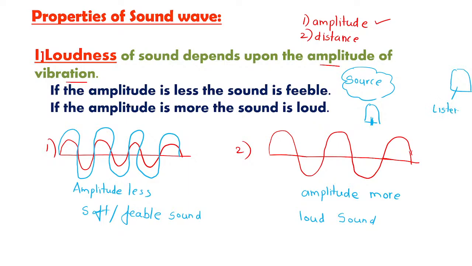If the listener is closer to the source, will the sound be louder or softer? If the listener is closer to the source, the sound will be louder. And if the distance between the source and the listener is more, the sound will be softer or feeble.